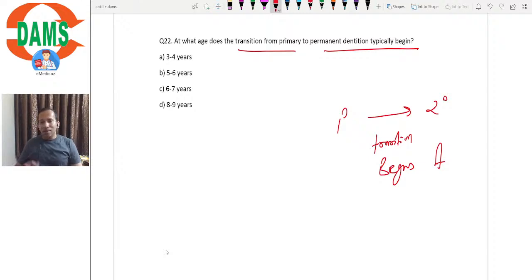Isn't it? तो आंसर दे दिया मैंने, फर्स्ट परमानेंट टूथ बोलने की जगह फर्स्ट परमानेंट मोलर बोल दिया, तो अपने आप ही आंसर आ गया, isn't it? So option C, because the first permanent molar erupts at the age of 6 to 7 years, isn't it? So option C, that is the correct answer. क्या आप सबको समझ में आ रहा है?